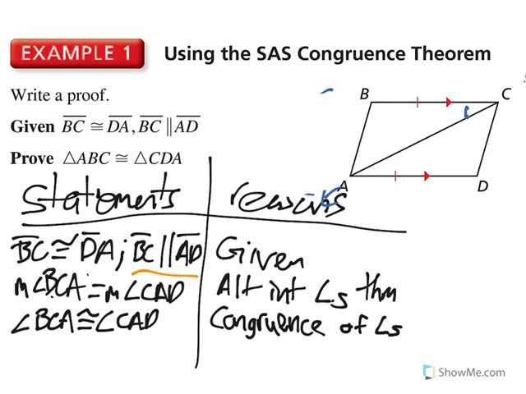We have this angle's the same, this angle's the same, and my included angle there of CAD would mean that this other side has to be congruent. Well, if you look at it, that side's the same for both triangles. So if the side is the same, that is actually the reflexive property. So basically what I write is that AC is congruent with AC based on the reflexive property.